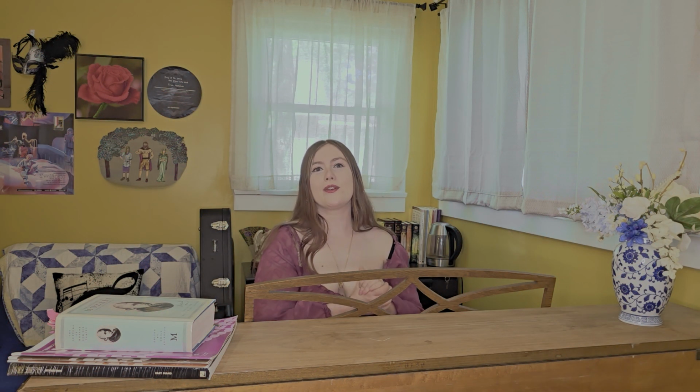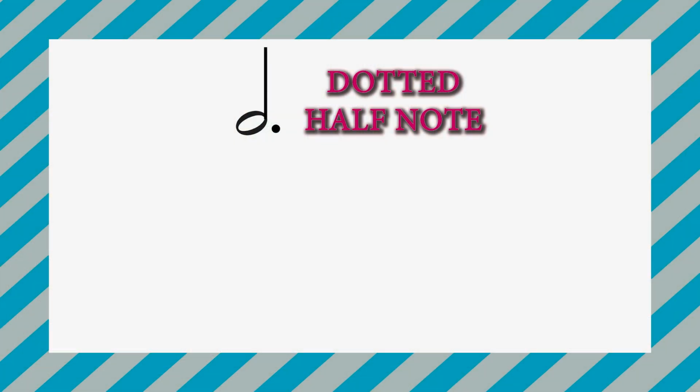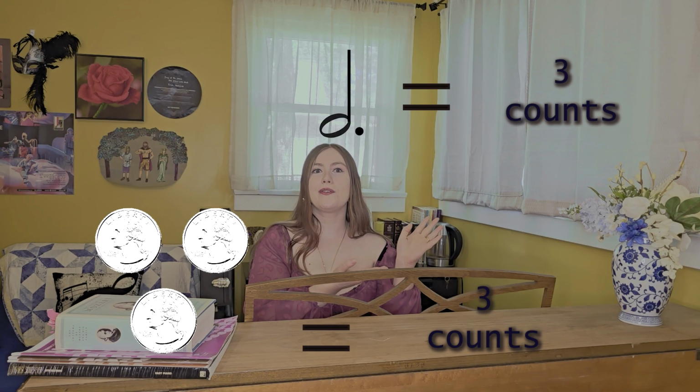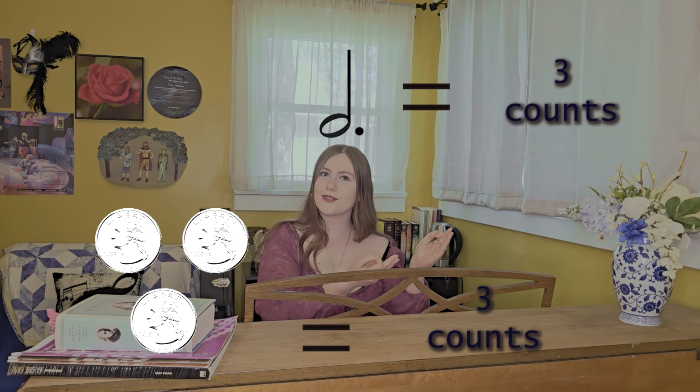So the third type of note that we will explain today is a dotted half note. Now, the dot adds half of the value of the note that it's attached to. So if a dot is attached to a half note, the dot is equal to 1 count, because the half note itself is worth 2. So 2 plus 1 makes 3. The dotted half note is worth 3 counts.